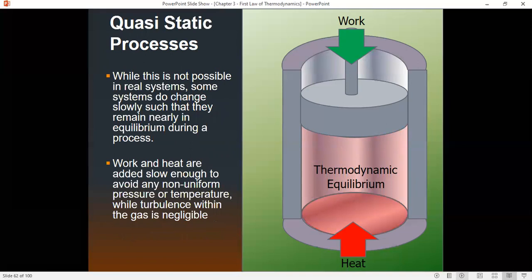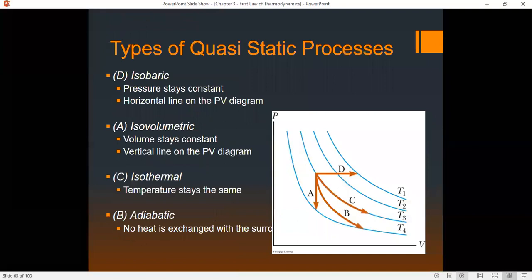Okay, so again, while it's not possible in real systems, some systems do change slowly enough that the equilibrium is nearly met. And the quasi-static processes that we're most interested in are the ones that we've talked about so far: isobaric, isovolumetric, isothermal, and adiabatic.